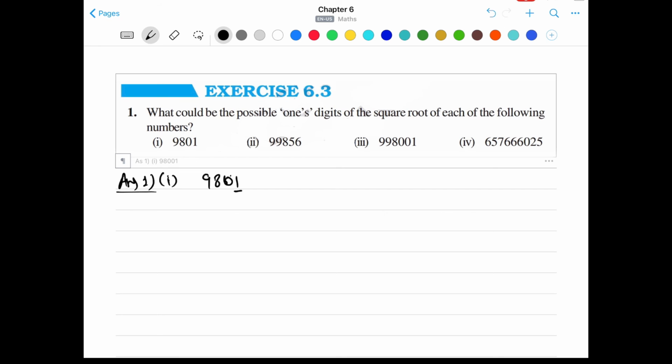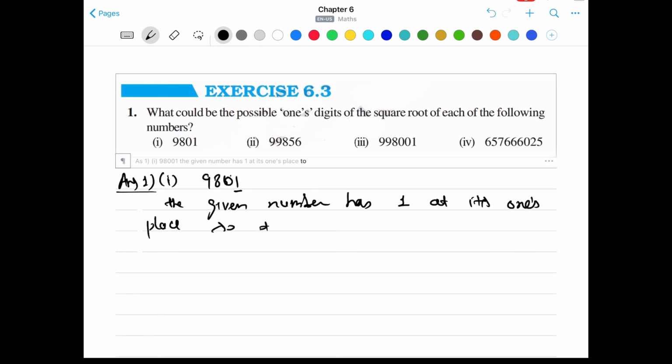So we'll write the given number has 1 at its unit place, or you can write ones place.